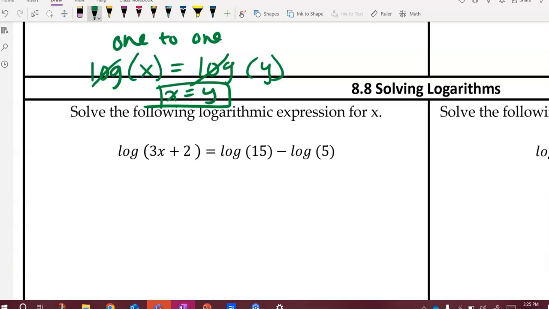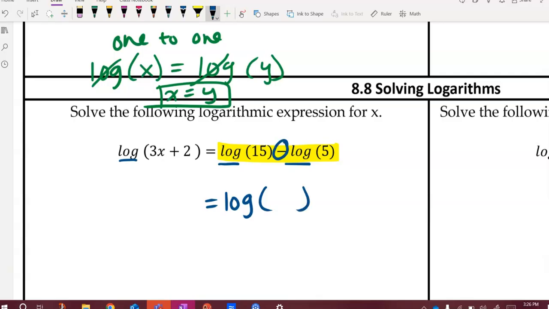So in this case, we do need to condense the right side because on the left we have 1 log, so that's good. But on the right we have 2. We can't have 1 to 2. We have to have 1 to 1. So this right side, how can we condense these 2 logs into 1? Well, we have subtraction here.